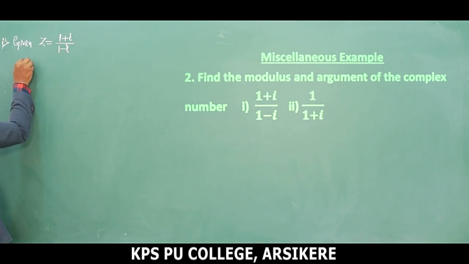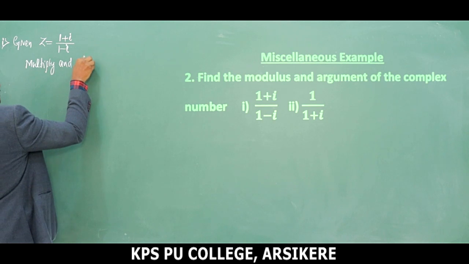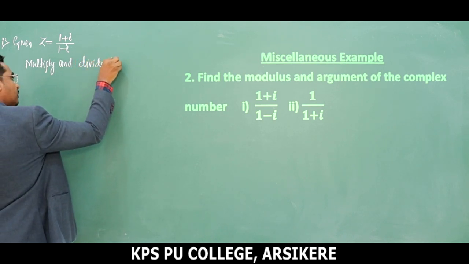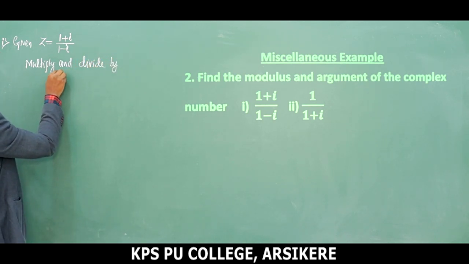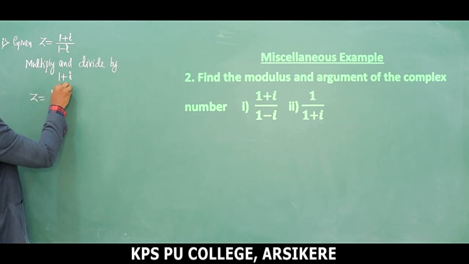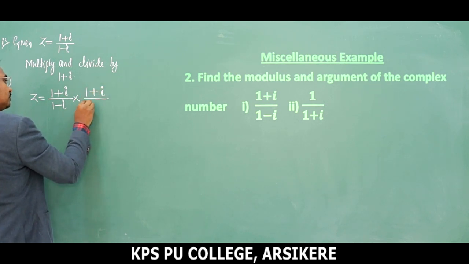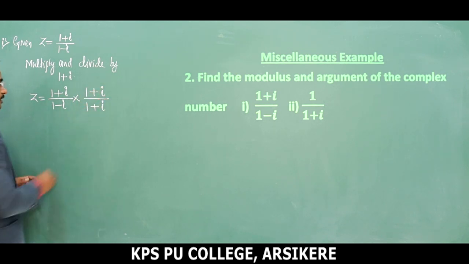Multiply and divide by 1 plus i. Conjugate is 1 plus i. So therefore z reduces. Z is equal to 1 plus i divided by 1 minus i, multiply and divide by the conjugate 1 plus i divided by 1 plus i.